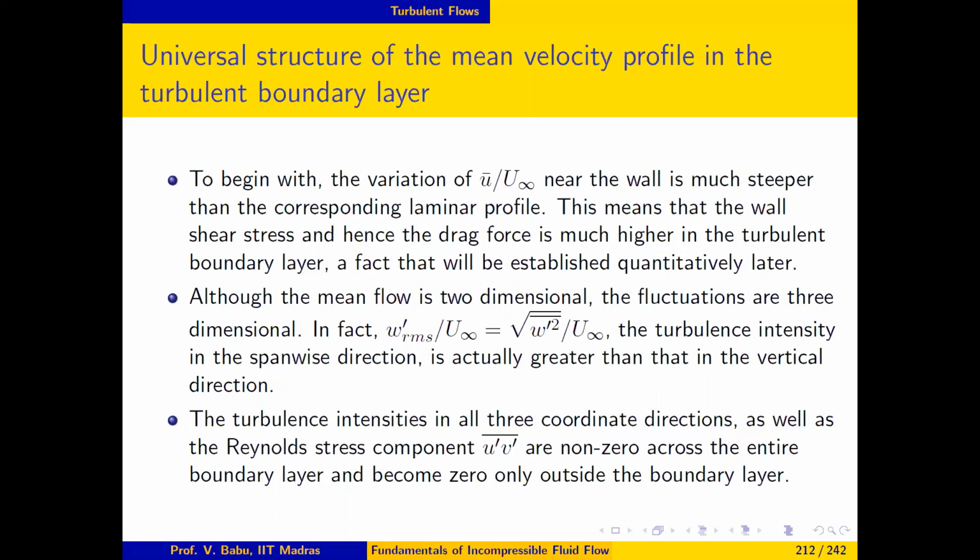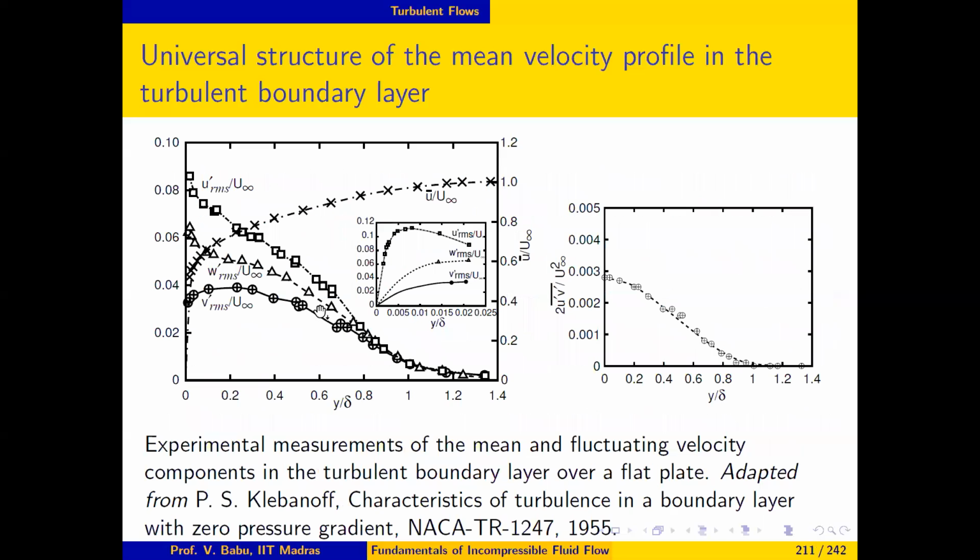And the span-wise velocity component is expected to be zero, and so the flow is two-dimensional. But in this case, although the mean flow is two-dimensional, the fluctuations can be seen to be three-dimensional. In fact, u prime, v prime, w prime are all non-zero.